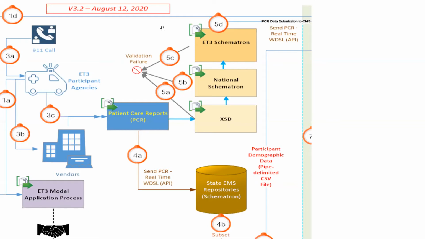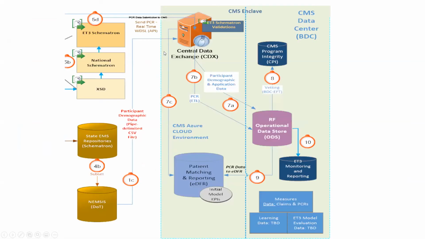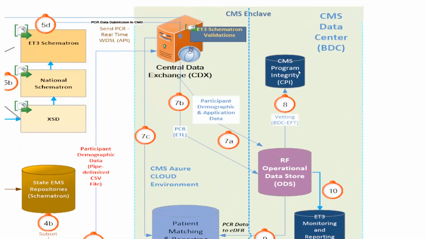All right, I'm going to continue here and go to the next side of the diagram, which is the CMS side. And I'm just going to give a little bit of context. We've got a system on CMS we call CDX. It's the Central Data Exchange. And that is where that API data is going to flow into.